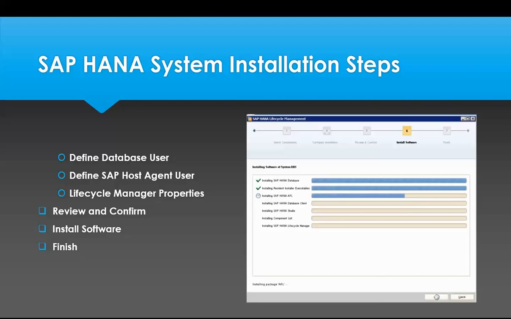You just need two parameters which are mandatory, that is SAP system ID and the instance number. For the rest, you can just use the default values. The administrator for SAP HANA is SID followed by ADM.